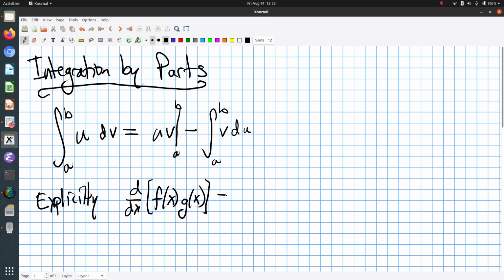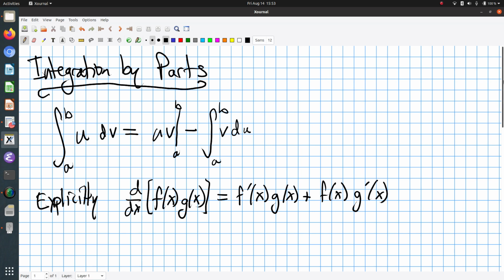If I take their derivative, well, what's that? That's the product rule. It's not the derivative of f times the derivative of g. It's f prime of x, g of x, plus f of x, g prime of x.